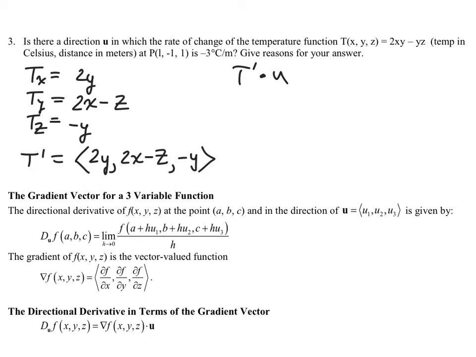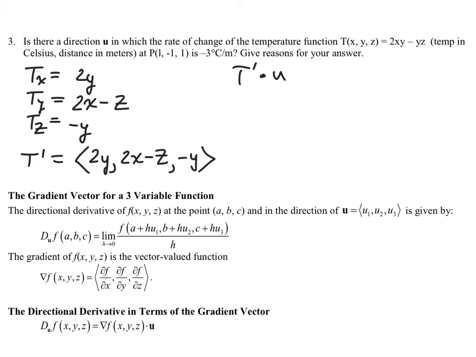This is my derivative, but it's a function in terms of x, y, and z. I want to dot it against cosine, ijk. Well, that's cheating. I'll explain why in a sec.